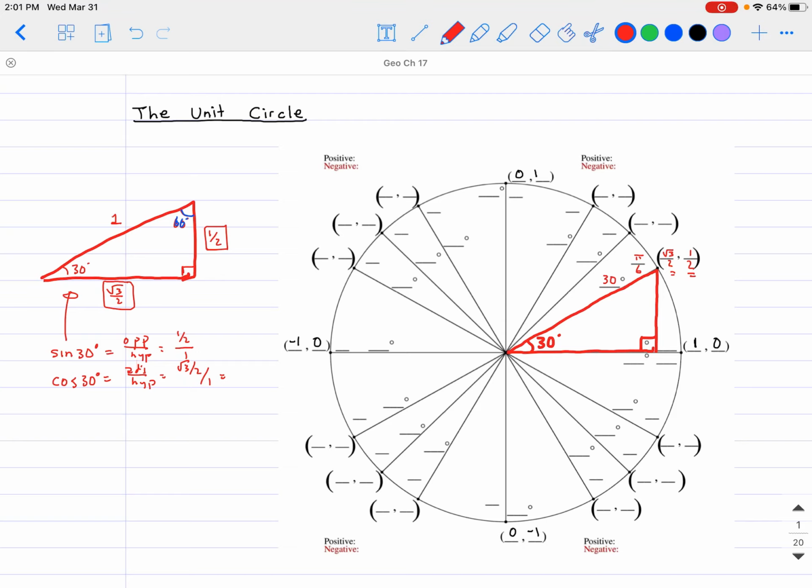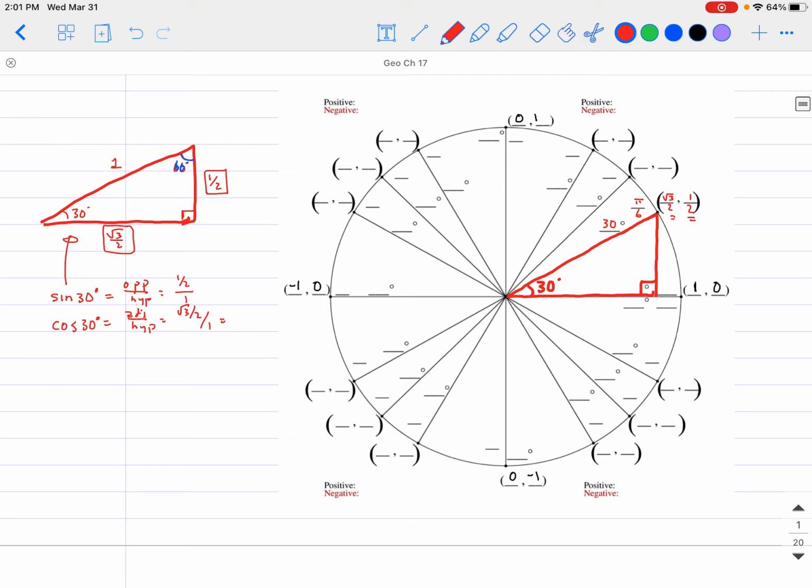In fact, anywhere on the unit circle, whatever triangle you're setting up, the x coordinate is always going to be the cosine, whereas the y value is always going to be the sine, because your hypotenuse is equal to 1. Here you can see this is x and this is y.